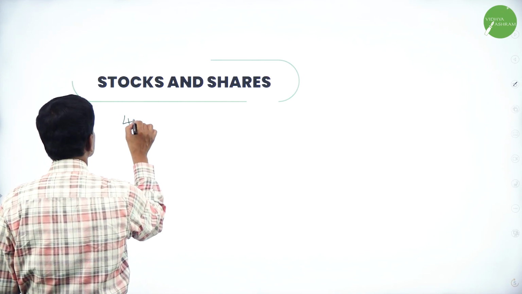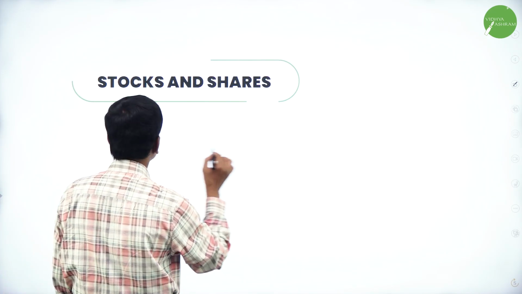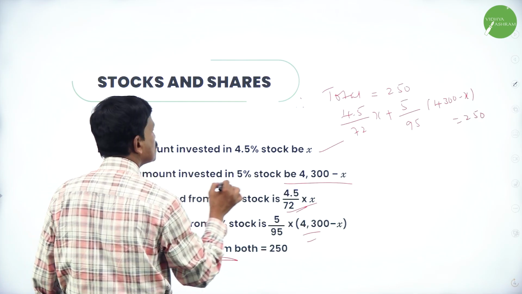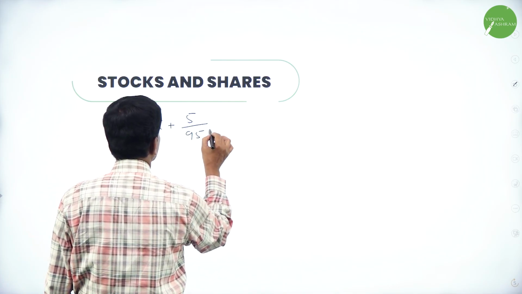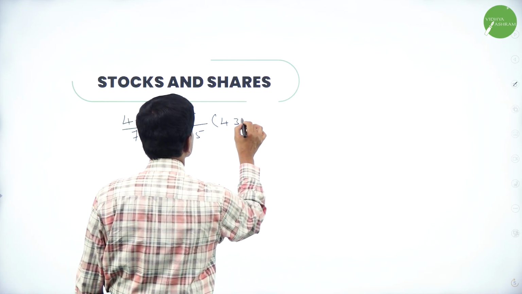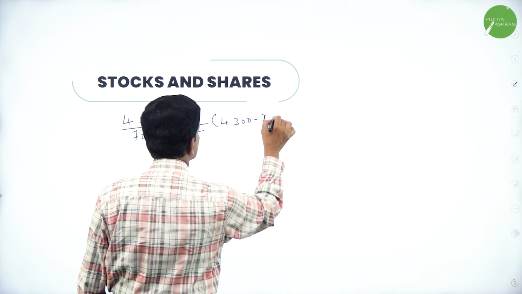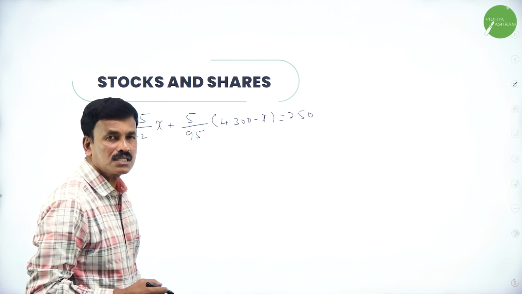4.5 divided by 72 X plus 5 divided by 95 into 4,300 minus X is equal to 250. Simplify this, you will get the answer.